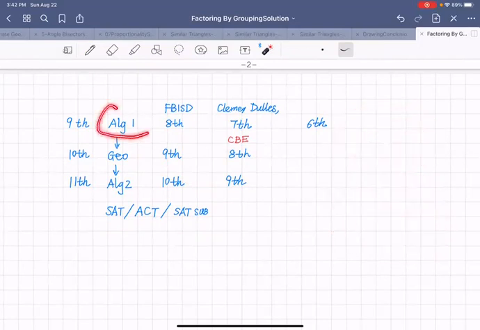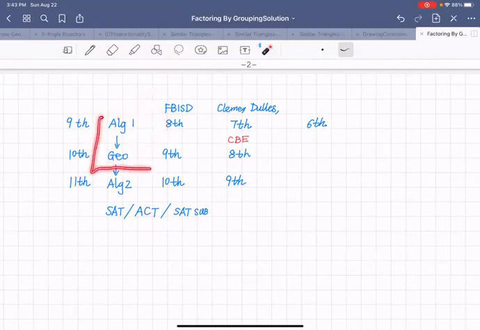So Algebra 1 is the foundation for all high school math and science. If you want to take computer science, you need to finish geometry and Algebra 1 before you can take the AP computer classes in high school, okay? These are the basic foundations. These two classes are not hard, but they're not easy either.